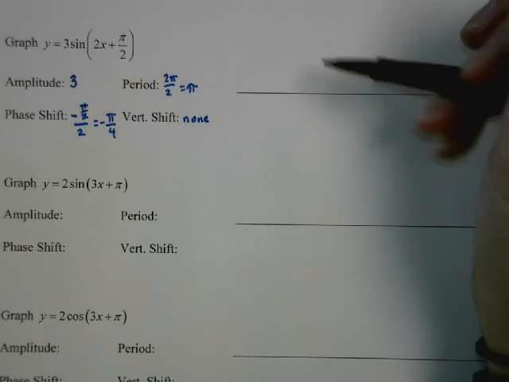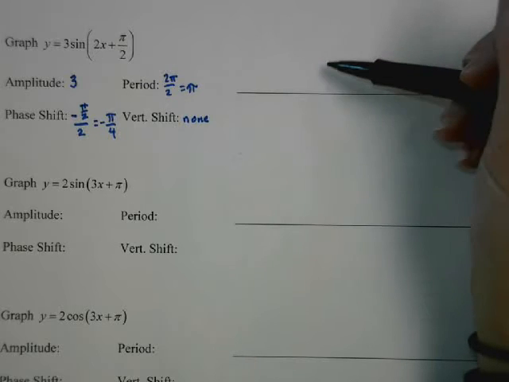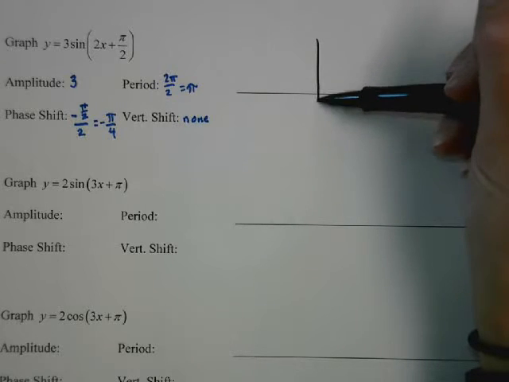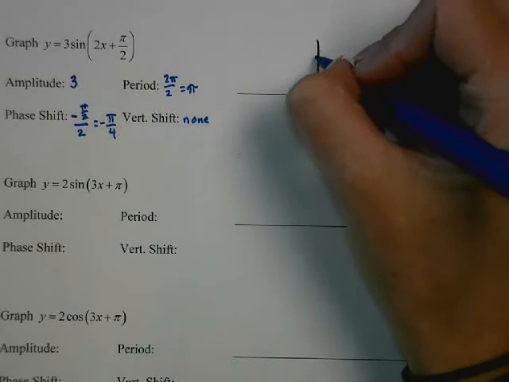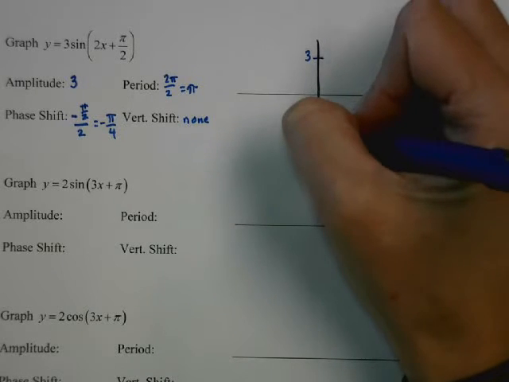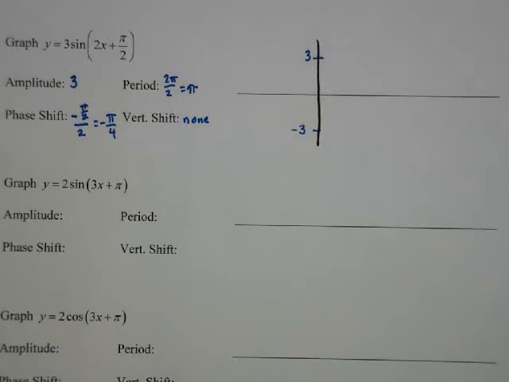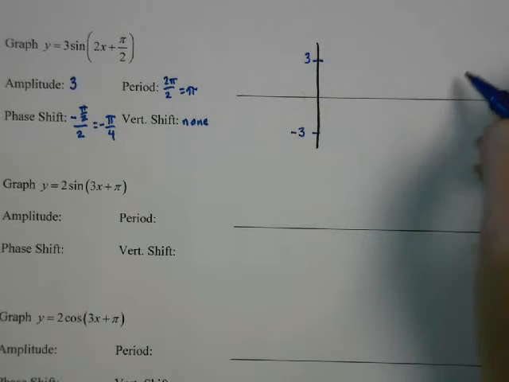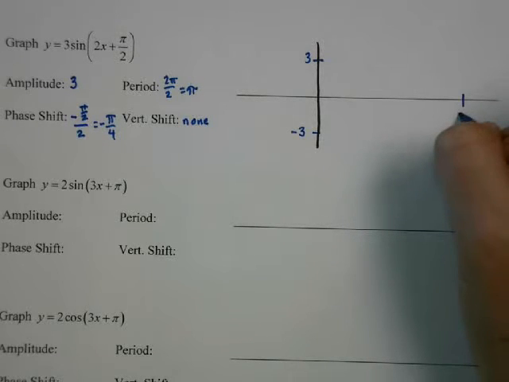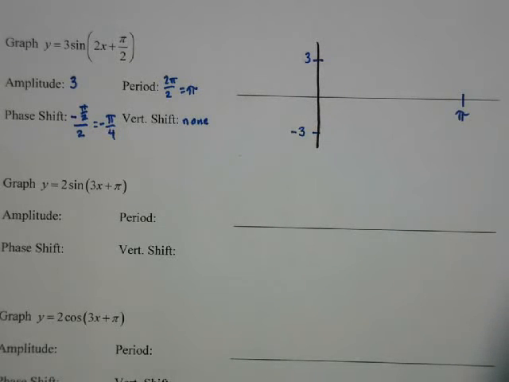So again, when I'm graphing this, since I'm going to be shifting it to the left a little bit, we want to leave some room there. So this is 3. This is negative 3. I can go out here. This is pi. I'm going to complete one full cycle in pi.